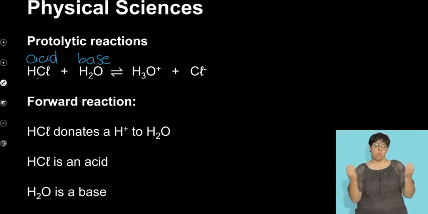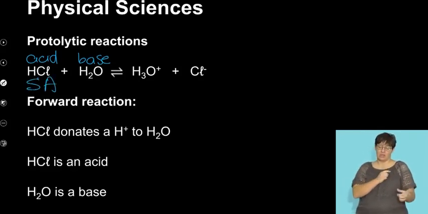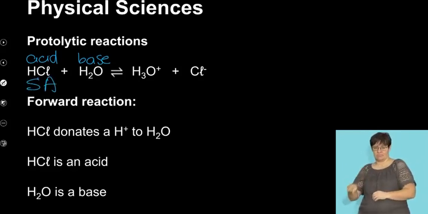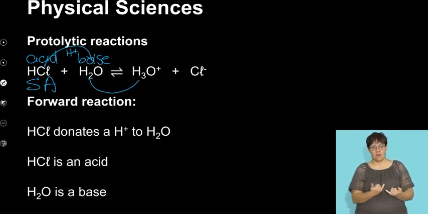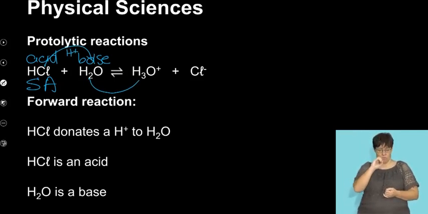More products will be formed because hydrochloric acid is a strong acid. So in the forward reaction, hydrochloric acid will donate a proton to the base, and the base will now take on the proton, forming the hydronium ion.